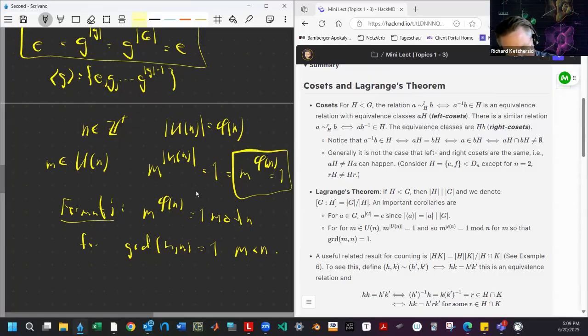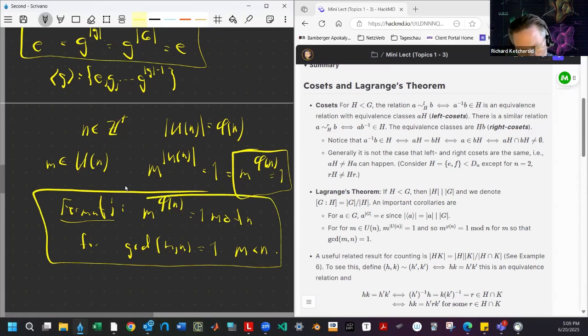This is used a lot, like in cryptography. Now there are number theoretic proofs. We're doing completely group theoretic proofs, but it just falls immediately out of Lagrange's theorem. So that's maybe the best proof.